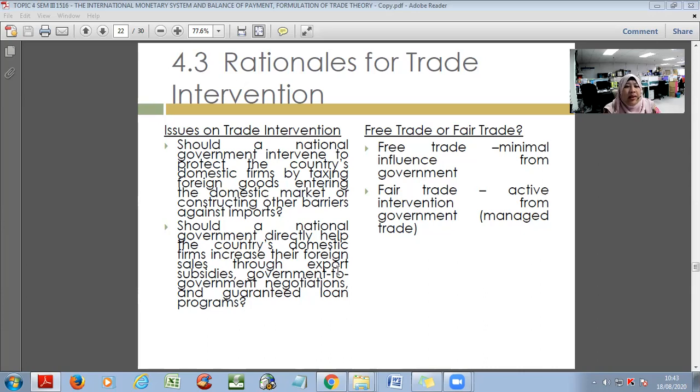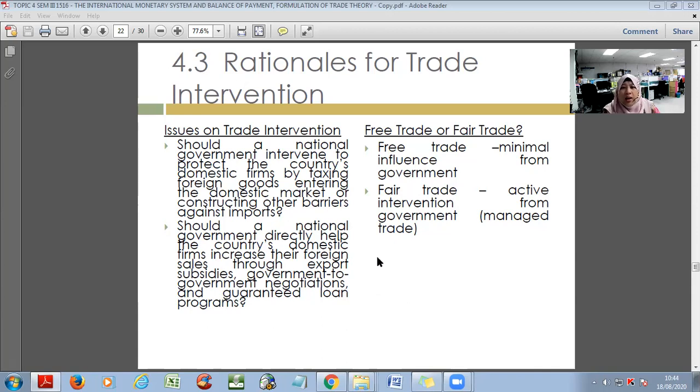And the second issue: should a national government directly help the country's domestic firms increase their foreign sales through export subsidies, government to government negotiation, and guaranteed loan programs?